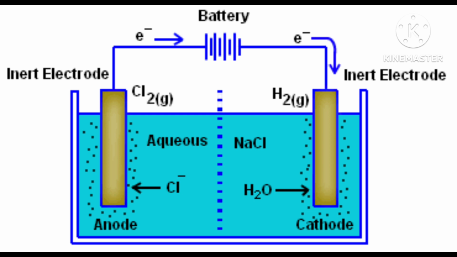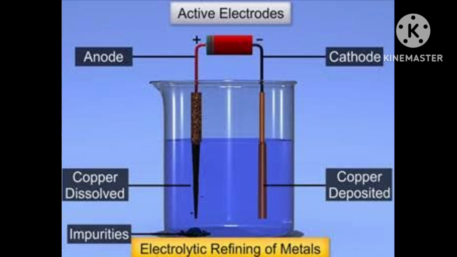The current is represented by I, and the quantity of electricity is represented by capital Q. What is the value of Q? It means the quantity of electricity passed through the electrolyte, and that is equal to I into T, where I is current and T is time.